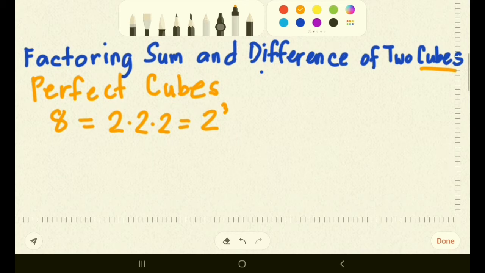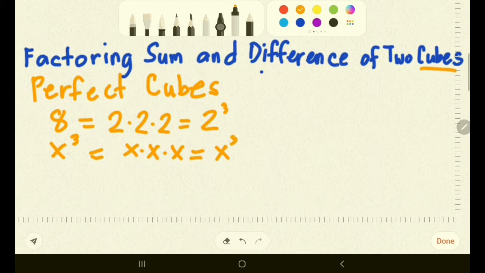How about x cubed? That is x times x times x. We're going to express this to the power of 3, that is just x cubed.